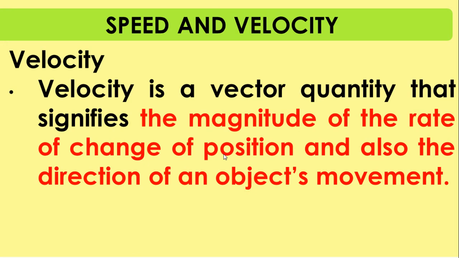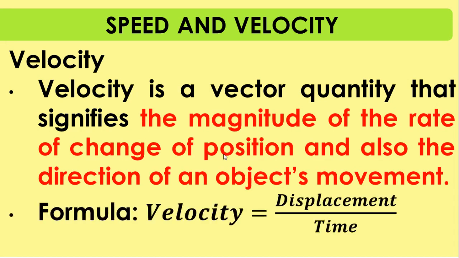Velocity is a vector quantity that signifies the magnitude of the rate of change of position and also the direction of an object's movement. Now for the formula, it's still the same, but now this is a vector quantity. We can replace distance with displacement. So velocity is given as displacement over time, and the SI unit is still the same as speed, meters per second.